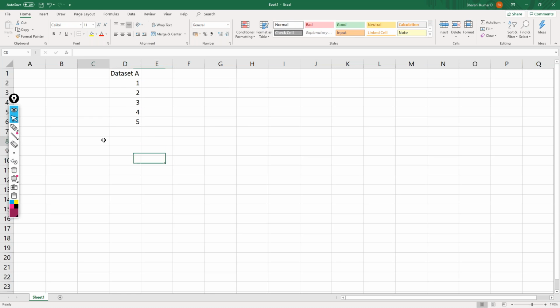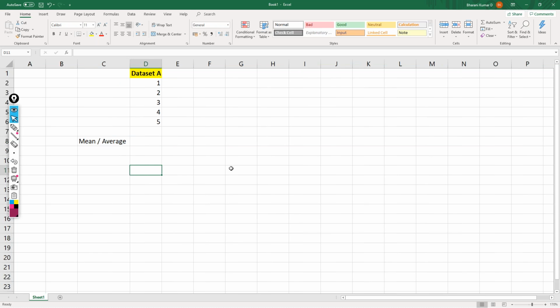Okay. Now, if I say calculate the mean or average of this data set, what would that be? Can you all tell me what will be the mean or average of this data set? It would be 3. A lot of you all have started responding that it's 3. Okay.